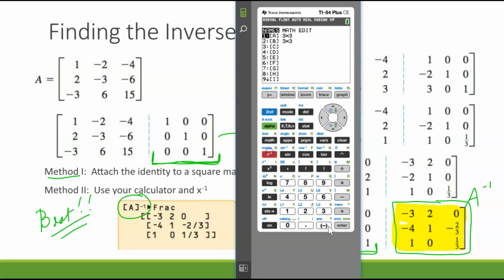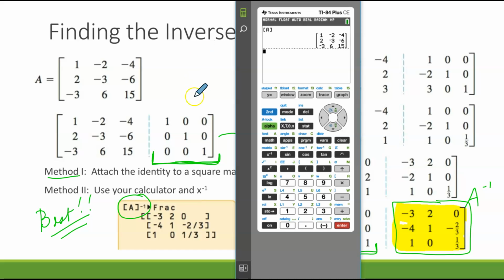Okay, so let's see what matrix A contains. I always check to make sure that I put in everything correctly. And okay, so there's matrix A. The instructions here would say find the inverse of matrix A if it exists.